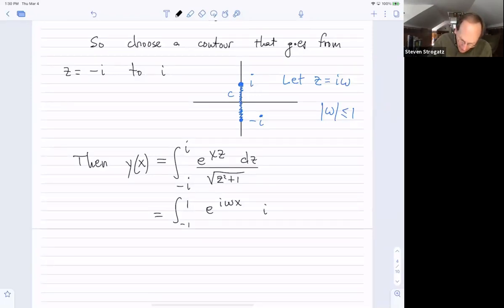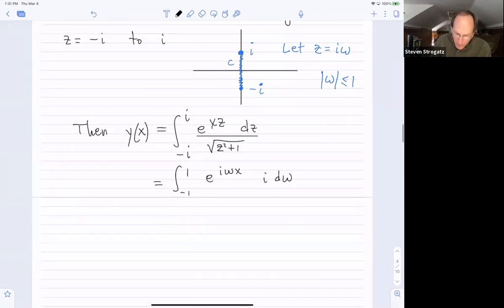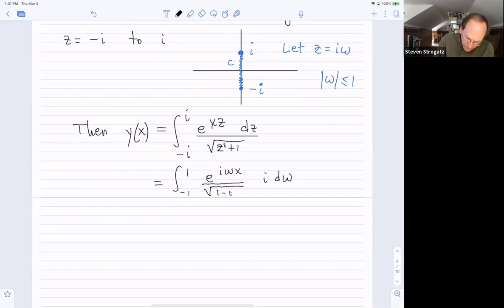The dz is i dw. And the denominator, which had been z squared plus 1, now becomes 1 minus w squared inside a square root, if I've done that right. Okay.